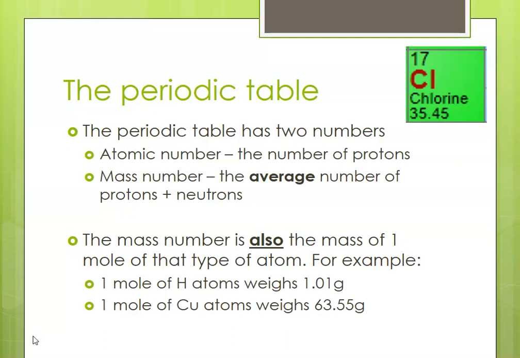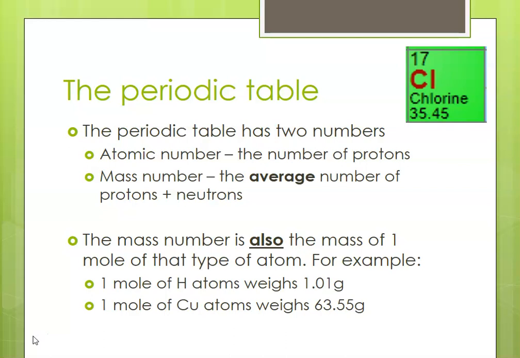The symbol, usually the name, but not always. The atomic number, which is the whole number, the smaller number, that's the number of protons in the nucleus, and the number of electrons in the valence shells. And then we have this other number, 35.45, if you look at chlorine for a second.